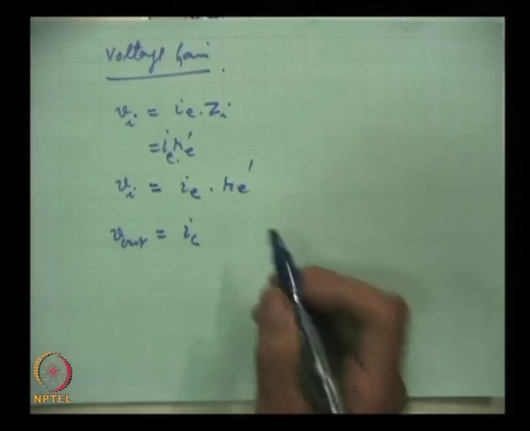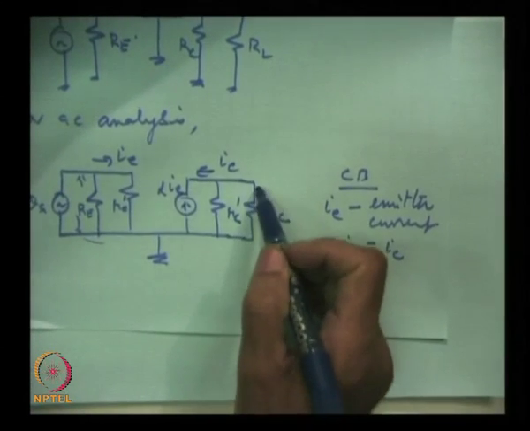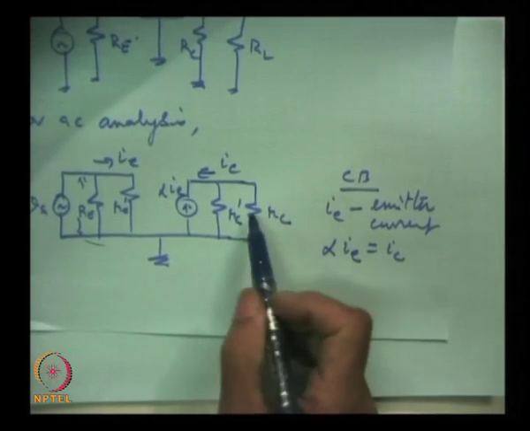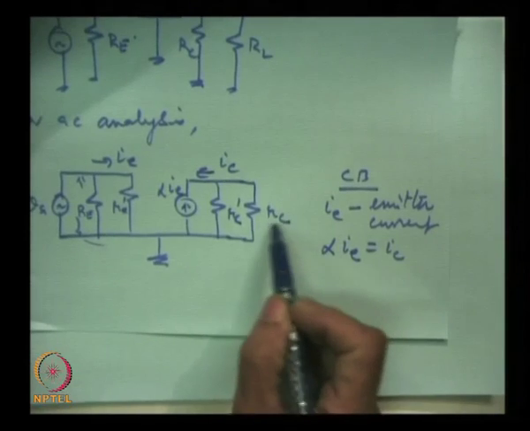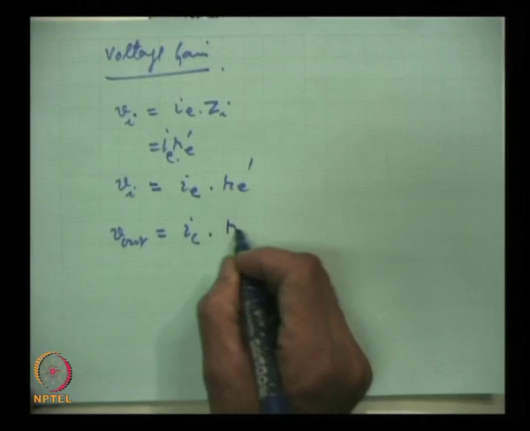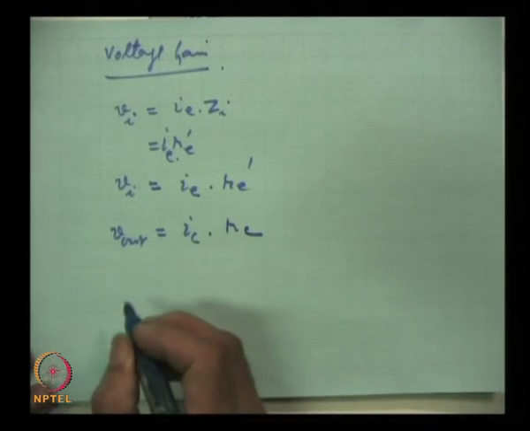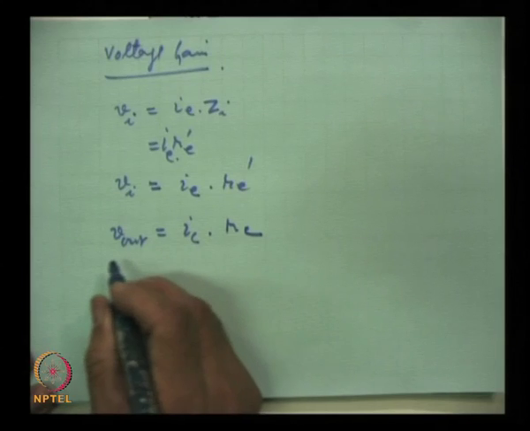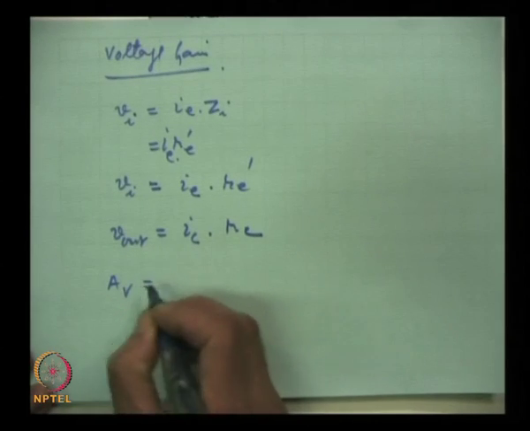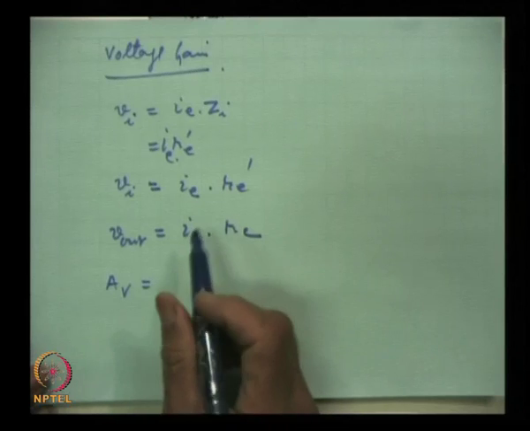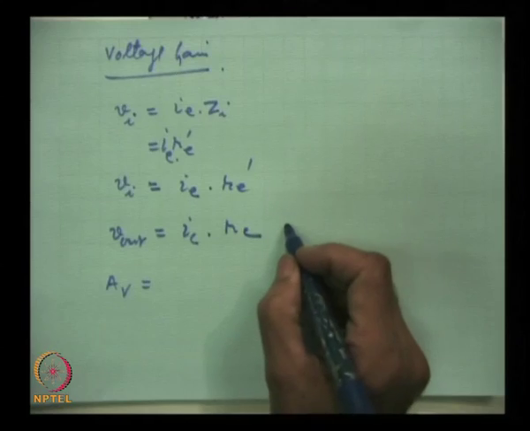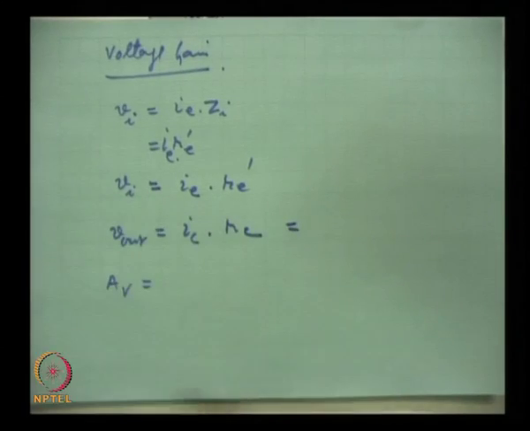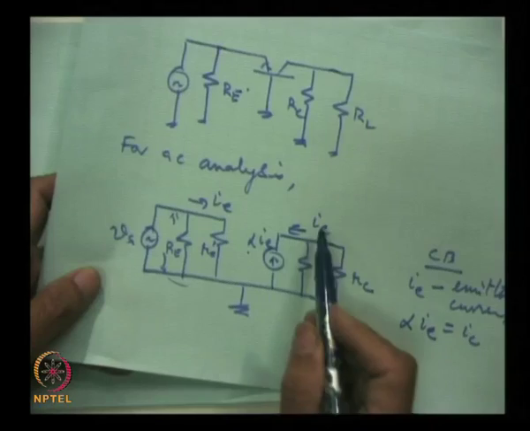The two resistances we have seen, the output resistance is closely equal to R C. So, output voltage is I C into R C. Therefore, the voltage gain is V out over V I, and I C in the model is alpha I E, they are the same.